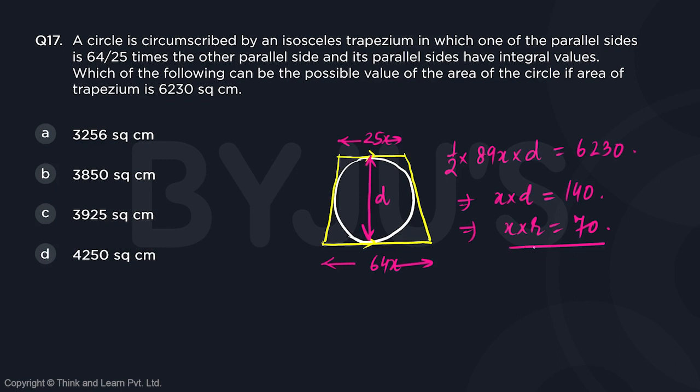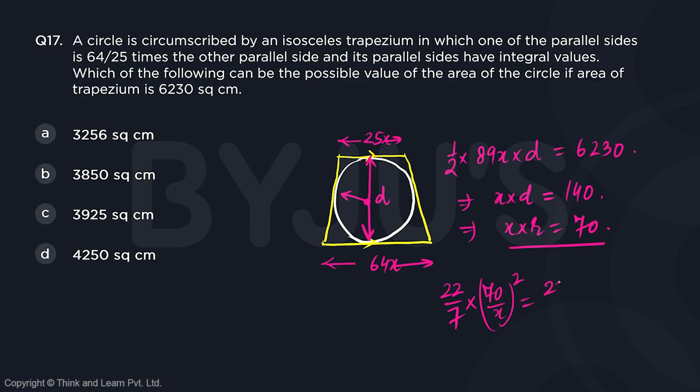So if the diameter is 140, we can say x into radius is going to be 70. We can assume x is equal to 1 or 2 or 3 or anything. Now the area of the circle is going to be pi r square. Since the options don't contain pi, we'll have to convert pi as 22 by 7. So pi into r square, where r is 70 by x, whole square.